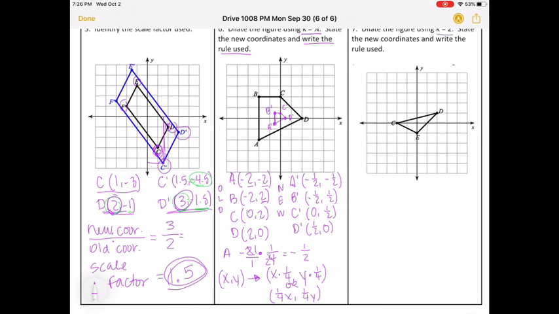All right, last problem. So dilate the figure using k equals 2. So state the new coordinates and write the rule used. Okay. So start with our old coordinates. So C is -2, 0.